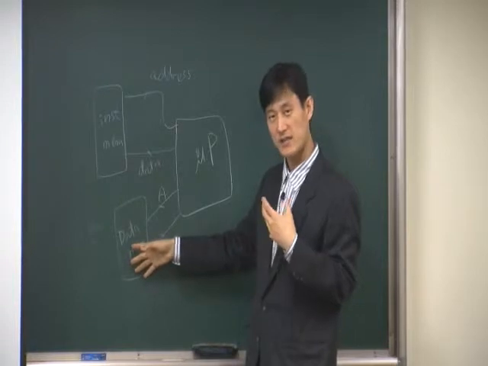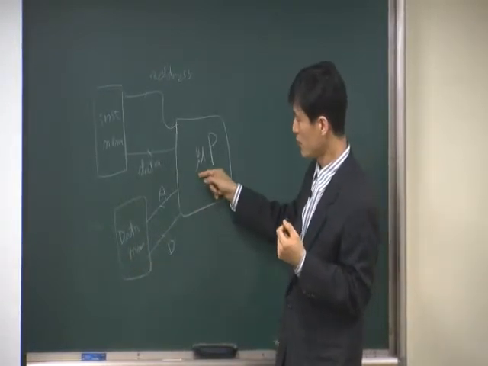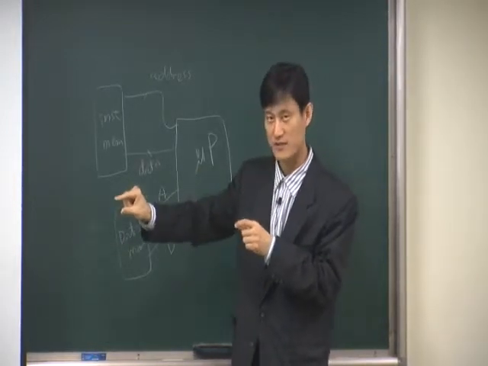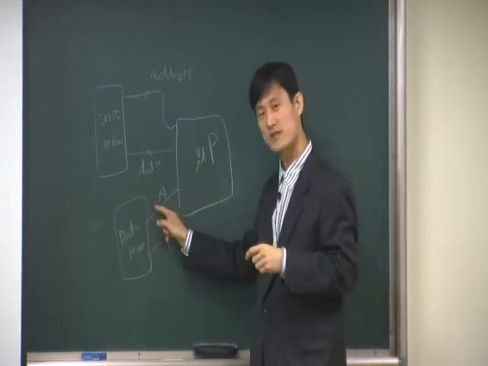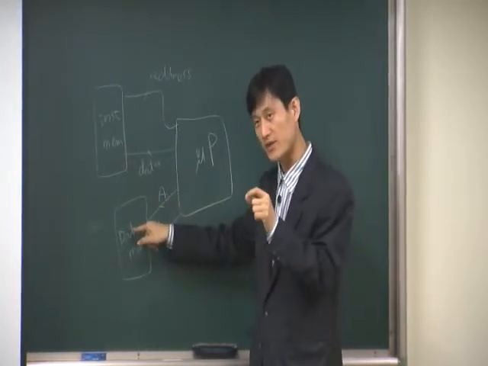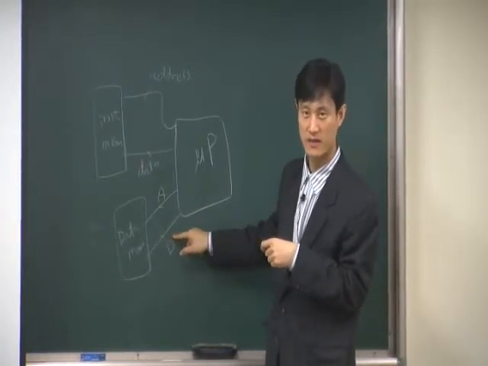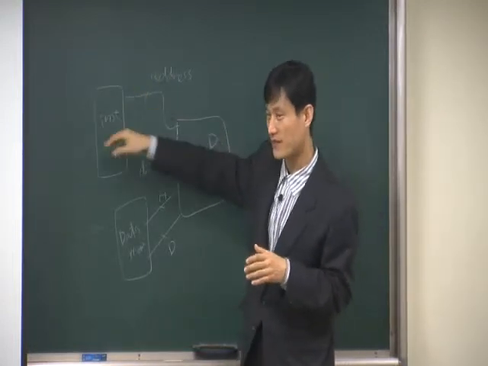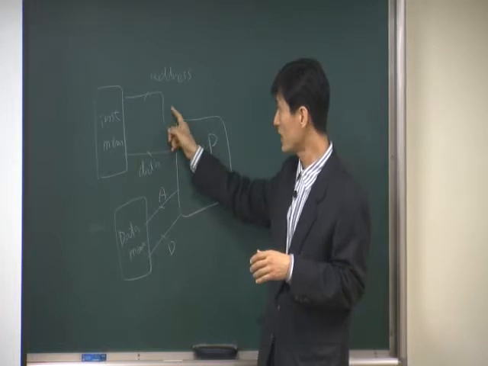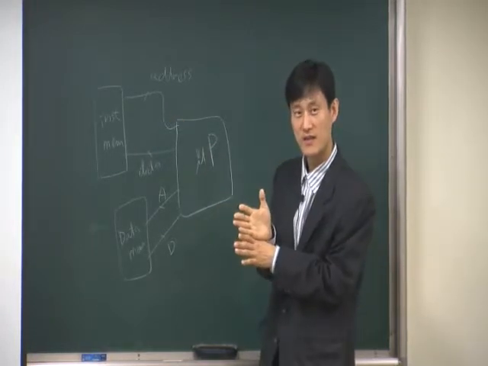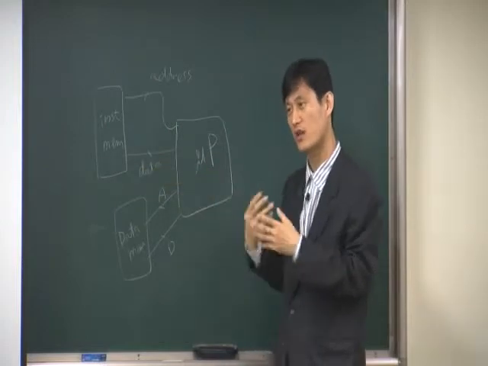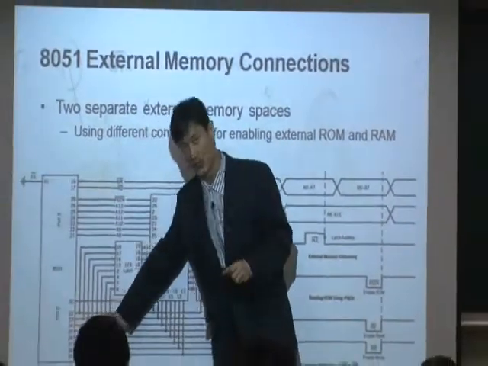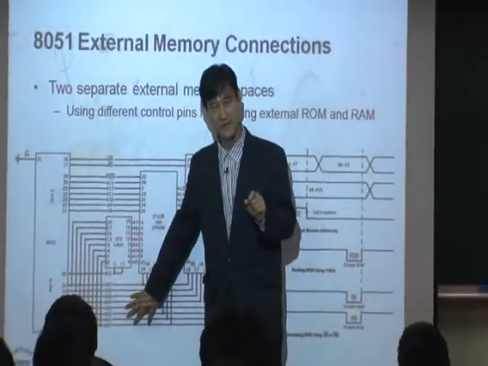Same thing when you access the data memory: the microprocessor sends the address, saying I want to access that address, the address value goes into the address line, and the value at that address is returned using the data path. So you should have address path and data path separately, because address goes first and then data returns. You cannot use these two at the same line. Address should go to the address line, data should come with the data line. But in this case, look at here, this port 0 is used for both address and data. How does it work?